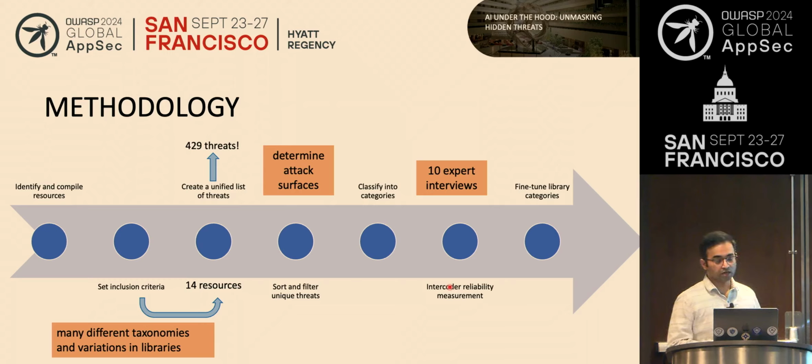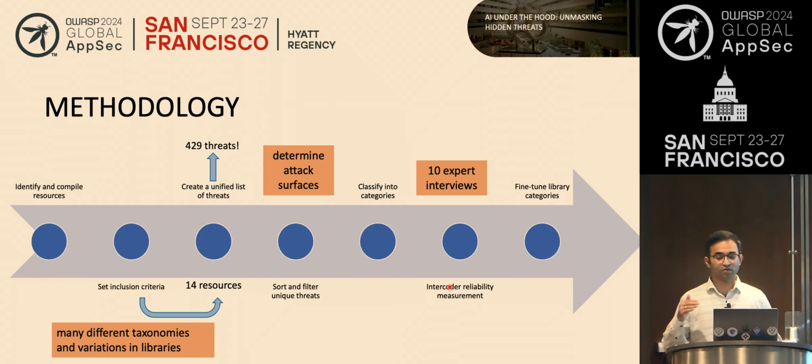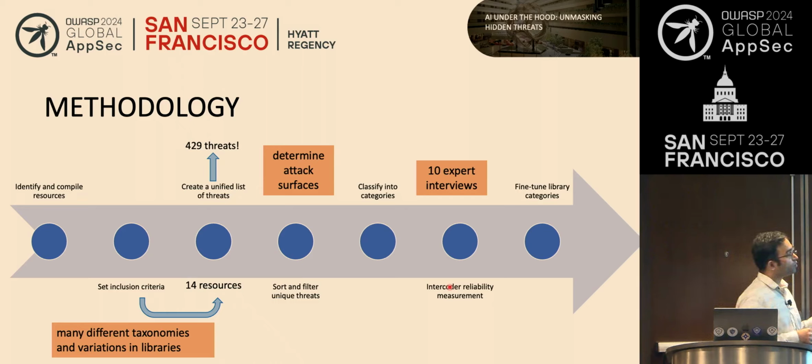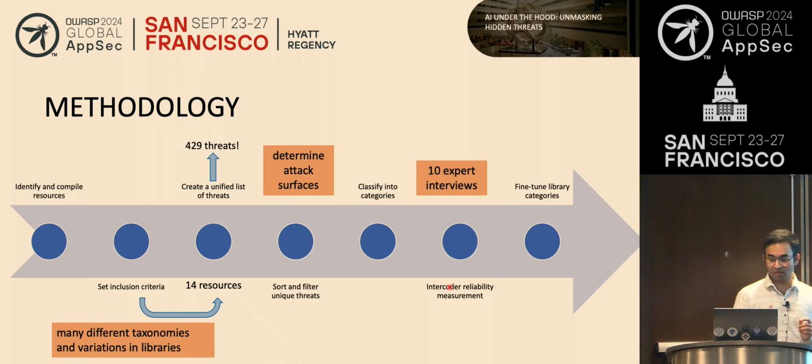The second stage, after this initial literature review, was that we identified an initial set of libraries or frameworks that we could potentially use. However, after looking at some of these libraries, we found out that many of them were using different taxonomies, or they had some variations.